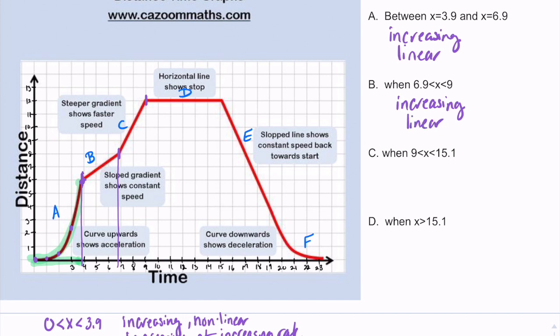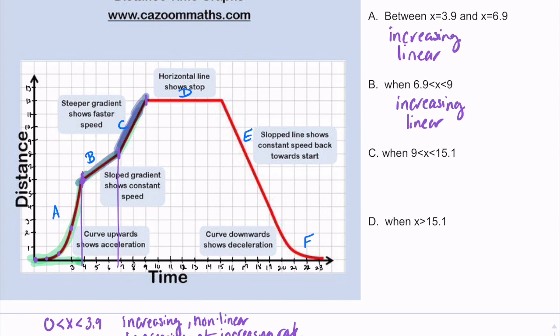Now, if we're going to compare which piece this person was traveling the fastest between the section of the graph labeled B and the section of the graph labeled C, if we're thinking about what part that they were going faster, it would be C. Remember earlier this year we talked about steepness, and the steeper we see on the graph, the faster that change is happening.